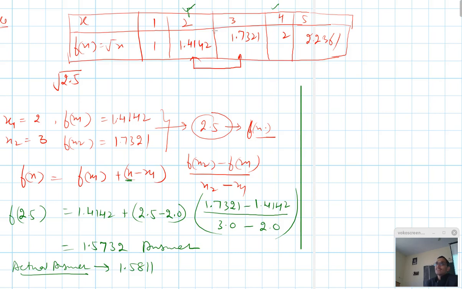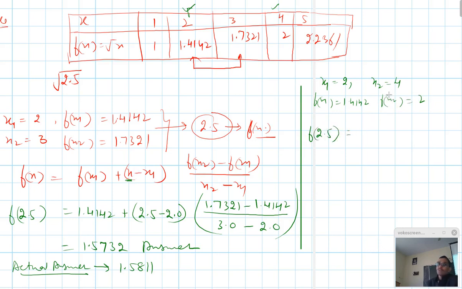Let us see. If I take x1 equal to 2 and x2 equal to 4, then what will happen? f of x1 is 1.4142 and f of x2 is 2, and if I put their values here, then what will f of 2.5 be?